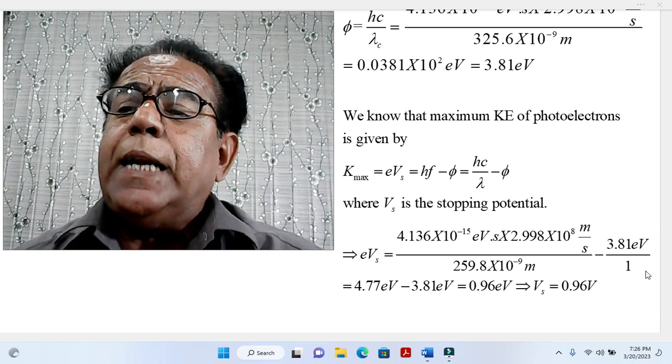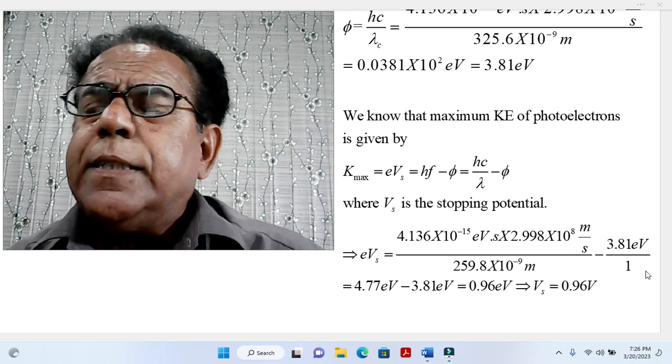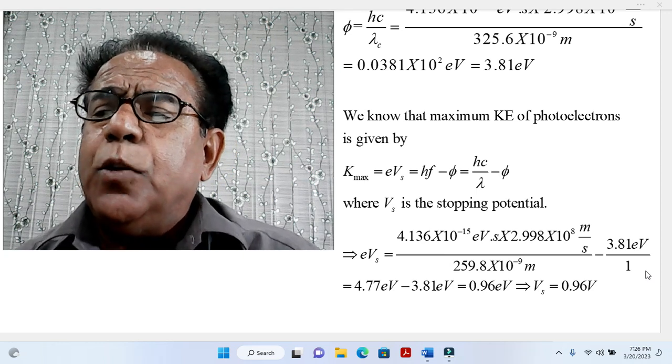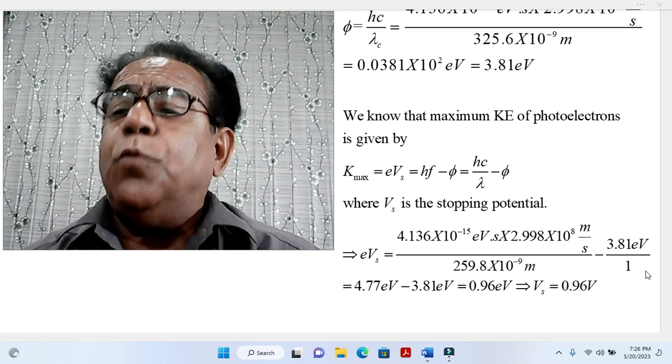Both are electron volt, so they are subtracted in a simple way, resulting in 0.96 electron volt.